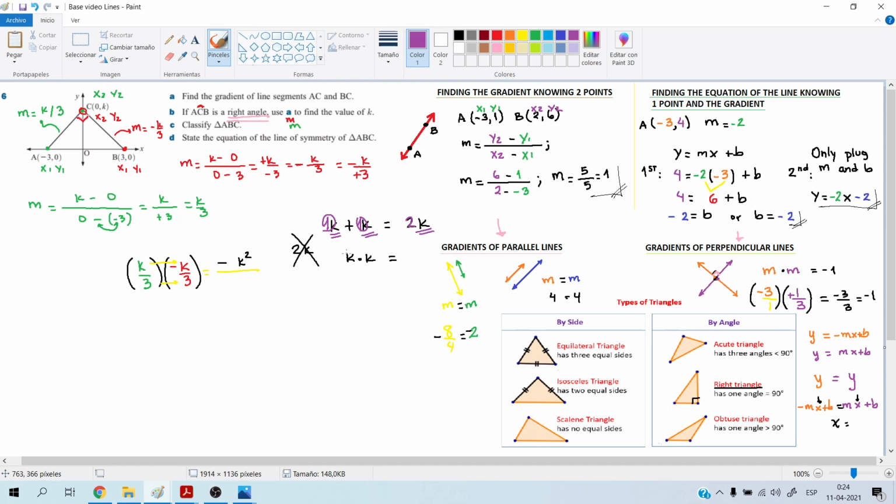In this case, you have house times house. So this one goes on top because we never see it and it's positive. What do we do when we have powers? We leave the same base and we add the exponents. So 1 plus 1 is 2. So it's k squared. It's not 2k. I wanted to make sure you know that, okay?